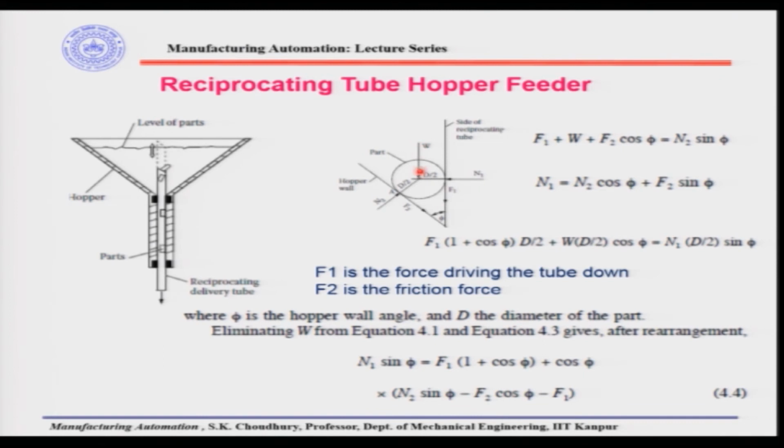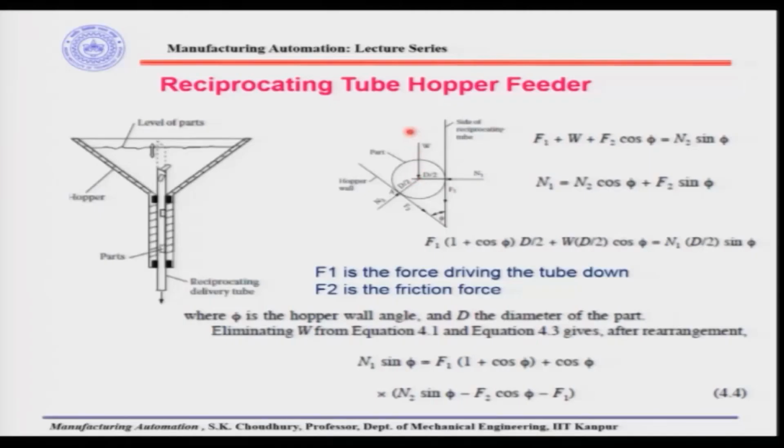Then W is the weight of the part, okay. Now, here the W is not exactly the weight of a single part. Since it is a mass of the parts, on the one part shown here there are other parts located. So, W is the weight of this part plus other parts which are stacked on this part.